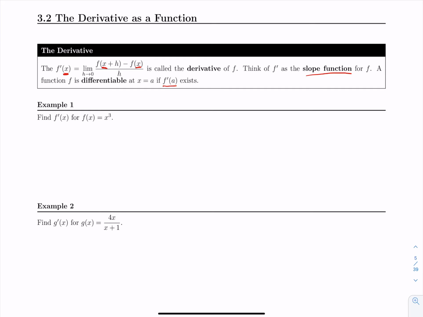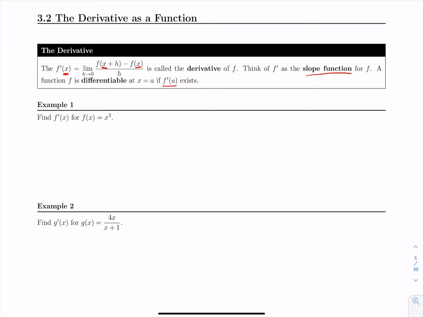We are going to eventually hit a wall with limits. There's only so much you can do algebraically with them before it becomes not even unbearable, but impossible. So we will segue into some so-called shortcuts for derivatives.